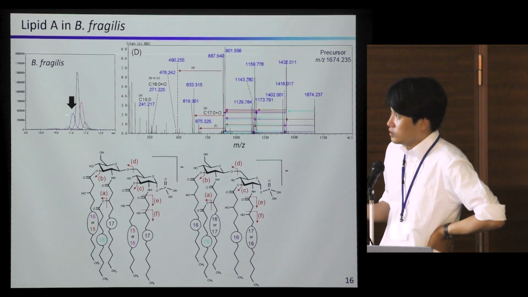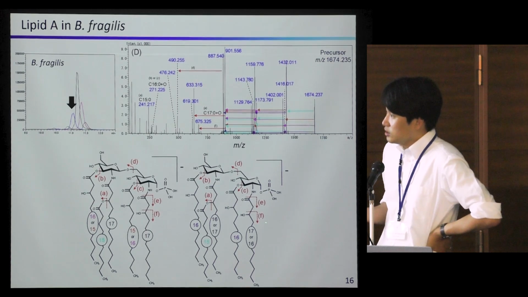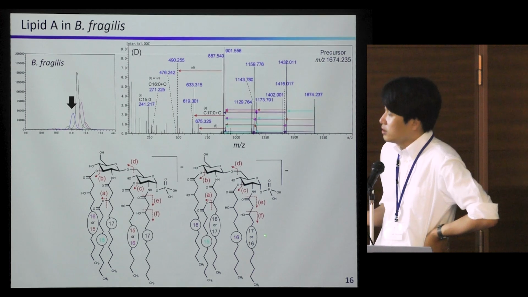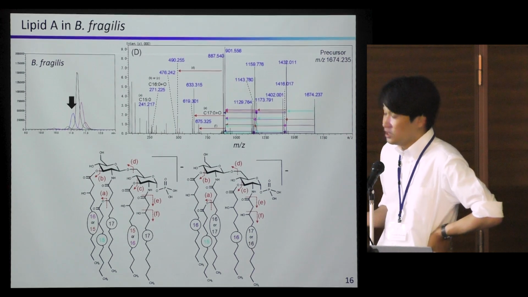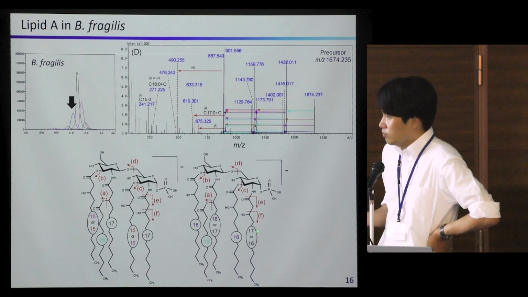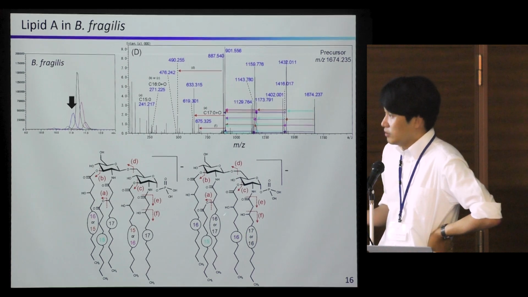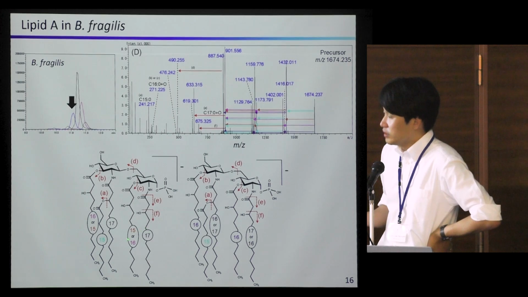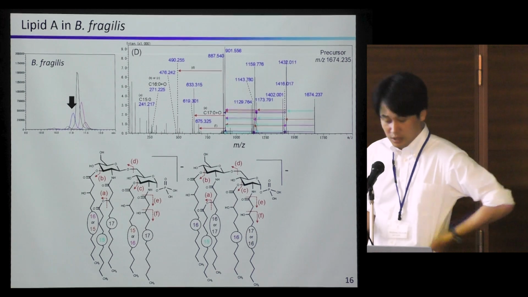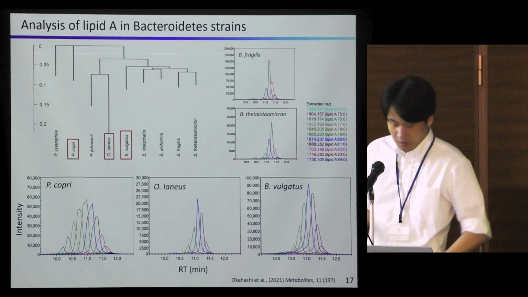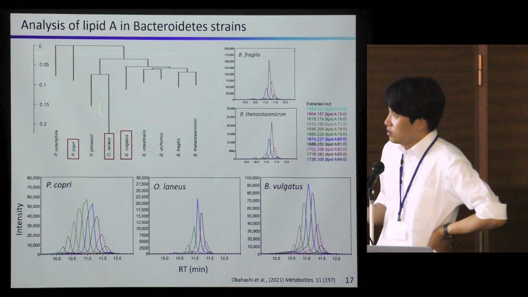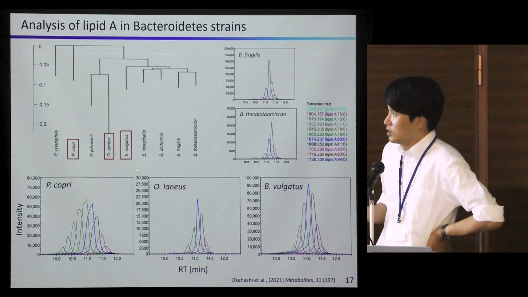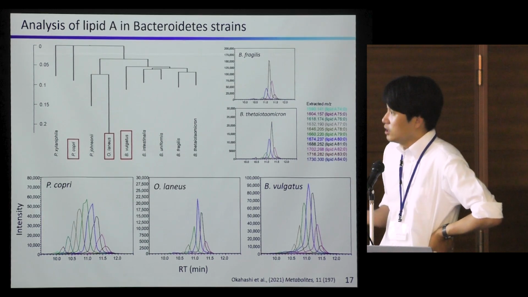we looked at this one. This result shows that the chain length is different. Actually, the main chain was 16 or 17, and this one is maybe 15 or 16. And this is a mixture of these isomers. Then we looked at these and obtained these data.